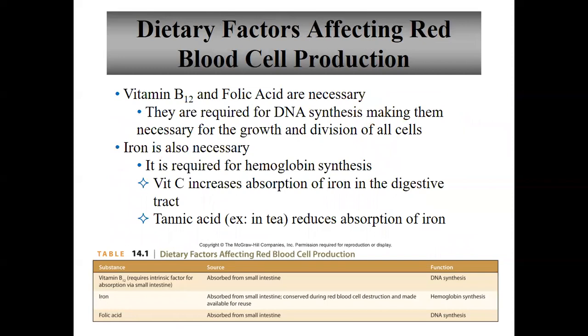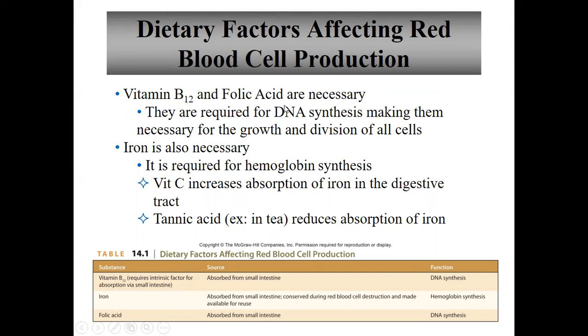Some dietary factors that affect the production of red blood cells include B12 and folic acid. Both of these are necessary and required for DNA synthesis, which means that they are necessary for the growth and development, the growth and division of all cells. So if a person has a deficiency in B12 or folic acid, then they will not be able to make cells as necessary, or red blood cells as necessary.